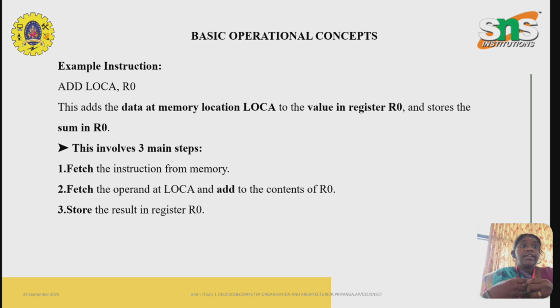In fetch, we get the instruction from the memory. In decode, we interpret what the instruction means. In execute, it performs the required operations like arithmetic, memory access or input-output operations. After all the functions are completed, we store the result back if needed. This is called the instruction cycle.